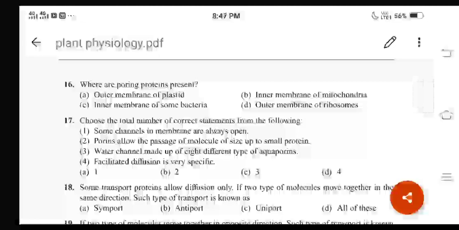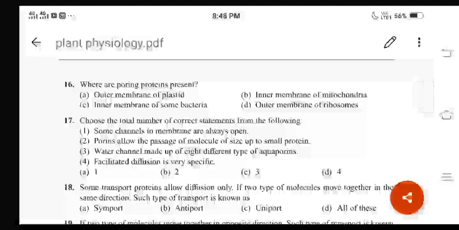According to question number 16, the correct option is option A only. Then let us move on to the next question.